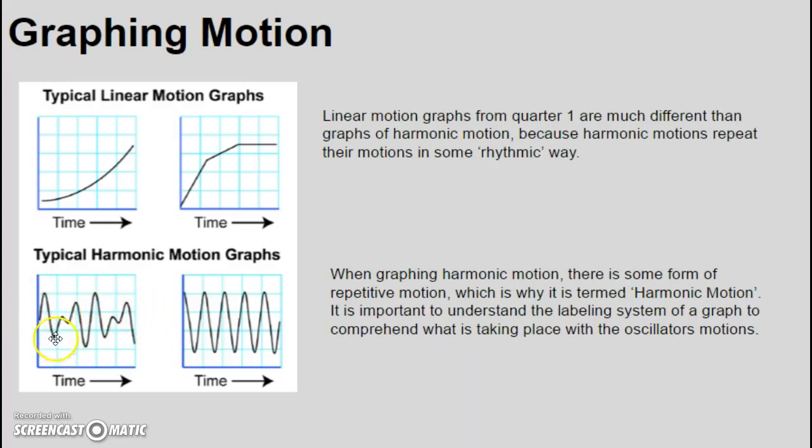This would have some irregular pattern to it, and this would be more of a constant pattern. It simply would be an oscillation. When graphing harmonic motion, there is some form of repetitive motion, which is why it's termed harmonic motion. It is important to understand the labeling system of a graph to comprehend what is taking place with the oscillator motions. Generally, your y-axis here is going to be the amplitude.